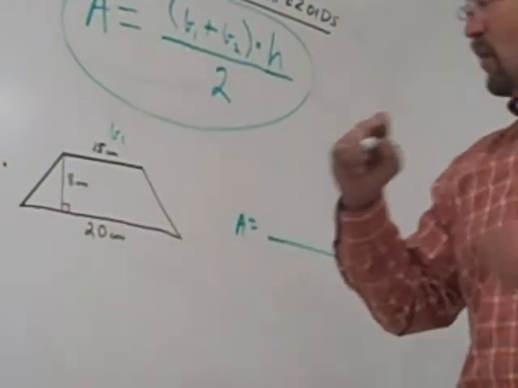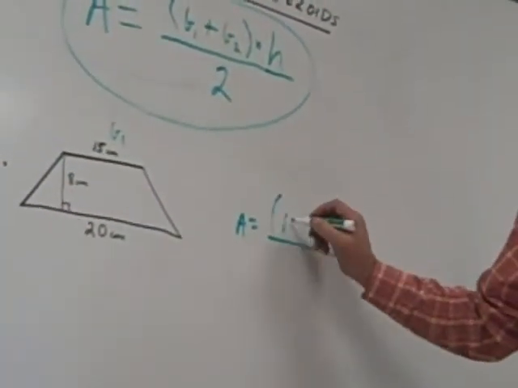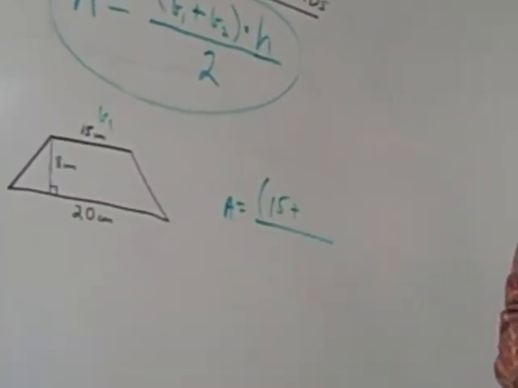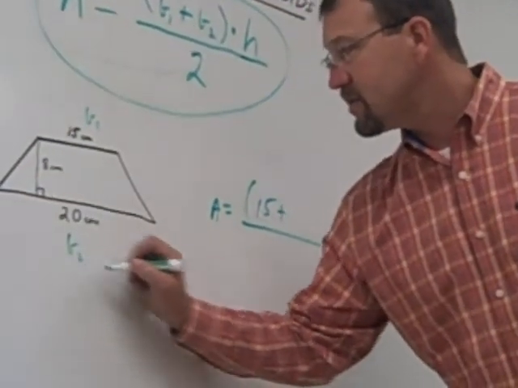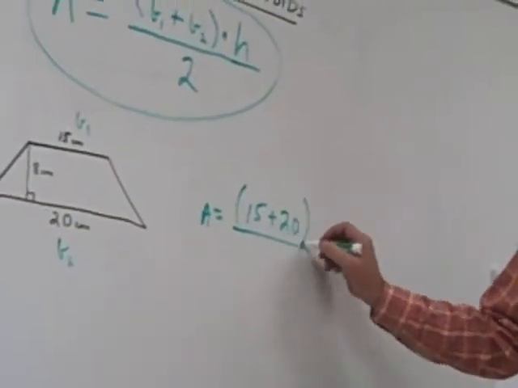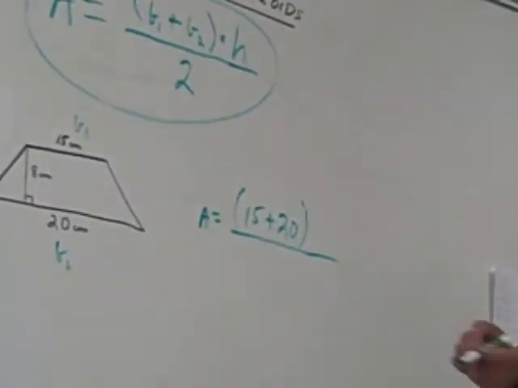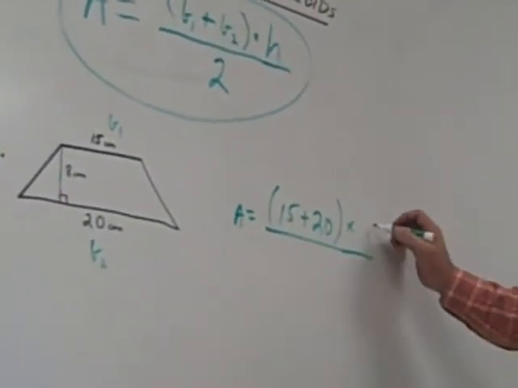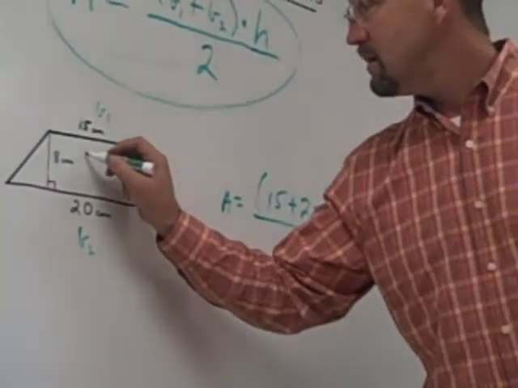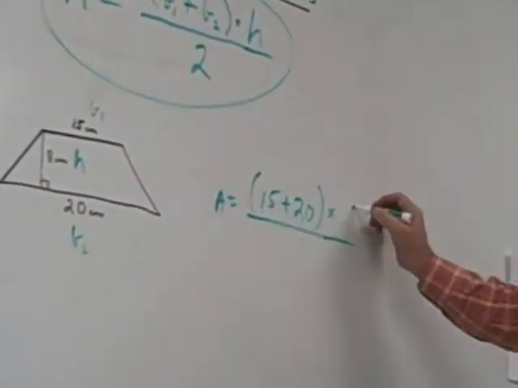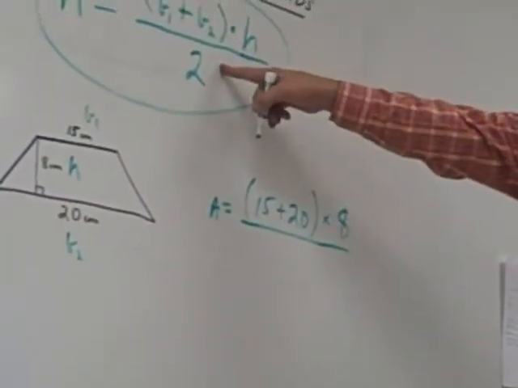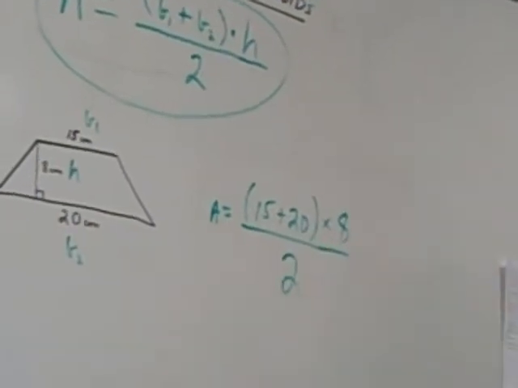Right there. So what number? 15. Parentheses, 15 plus, where's base 2? Up right here, base 2. What number? 20. Close our parentheses. Times height. Where's our height? Right there, the up and down. 8. And our formula says divide by 2.